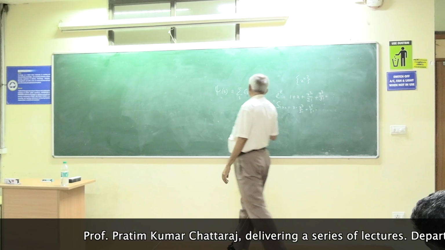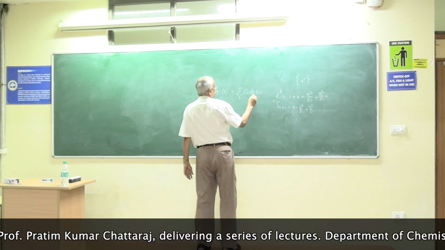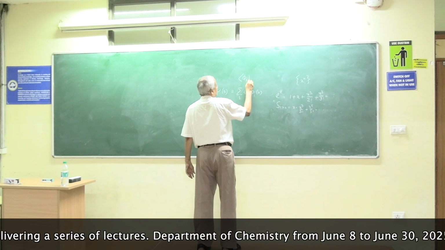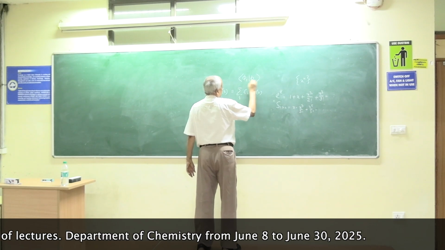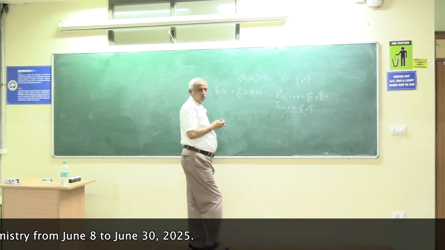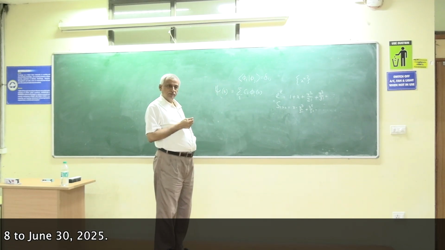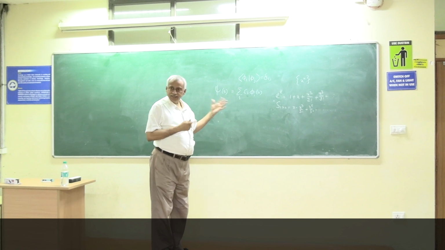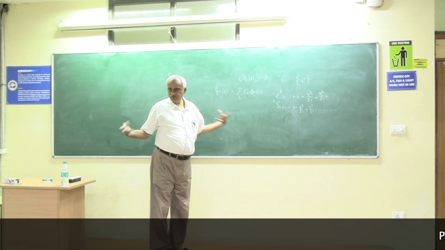So you know this phi i, phi j scalar product is the Kronecker delta ij, because I have started with orthonormal basis functions. Okay. Technically, it's not at all difficult.